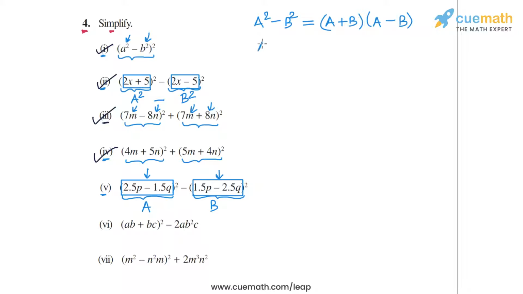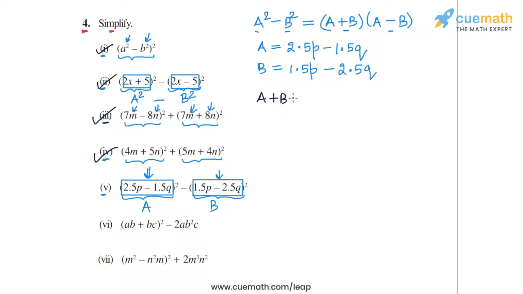So a, as I said, is equal to 2.5p minus 1.5q, the expression inside the first box, and b is equal to 1.5p minus 2.5q. So we can simplify it by calculating a plus b and calculating a minus b separately and then multiplying the two. So let's calculate a plus b separately.